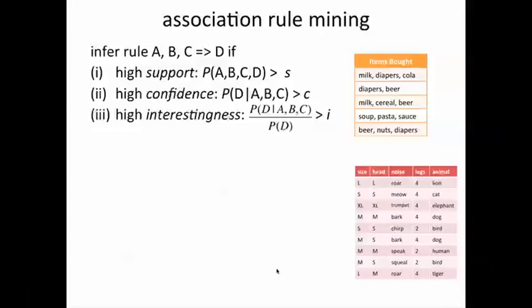Now that's interesting, because that tells us something about how one might want to place items on the shelves in a store. This is actually the classical example of a correlation between beer and diapers that a large retail chain found way back in the 80s, and which sparked all this interest in what is called market basket analysis and resulted in algorithms for association rule mining.